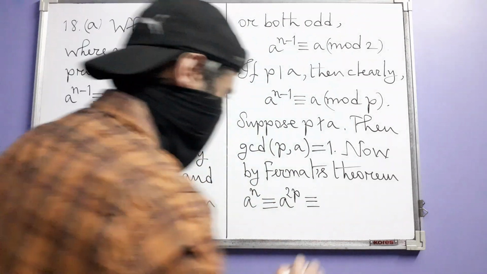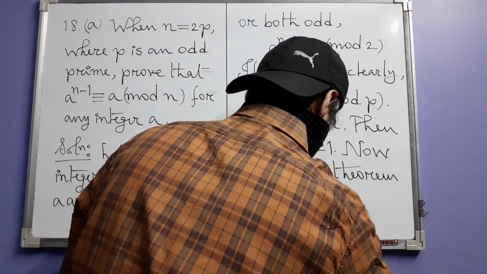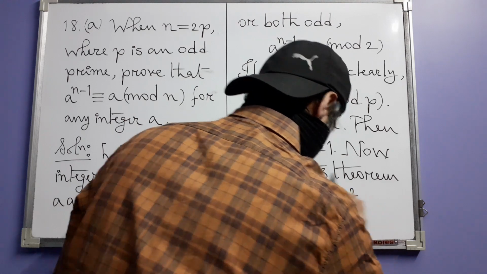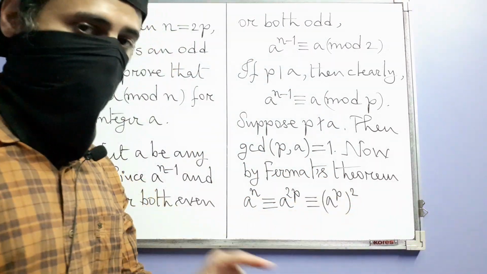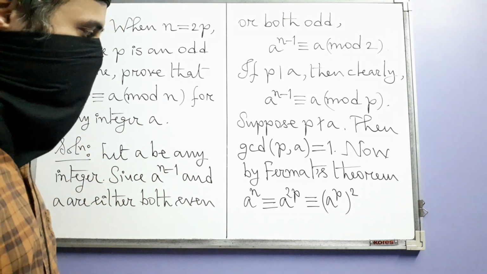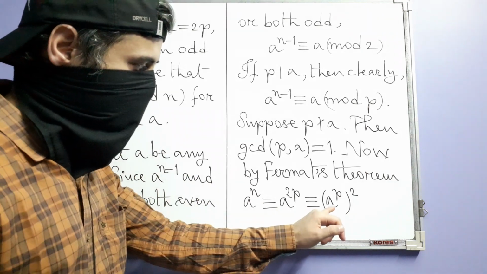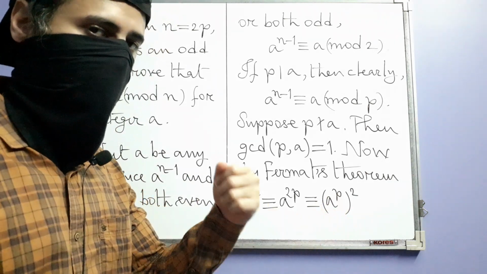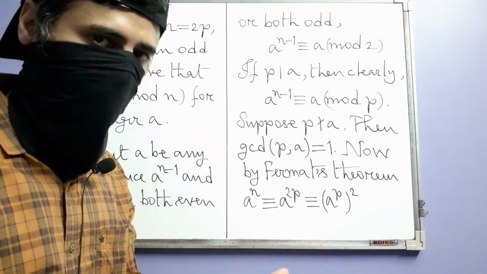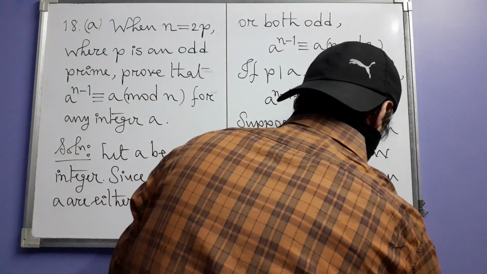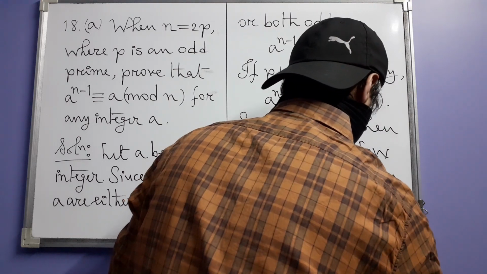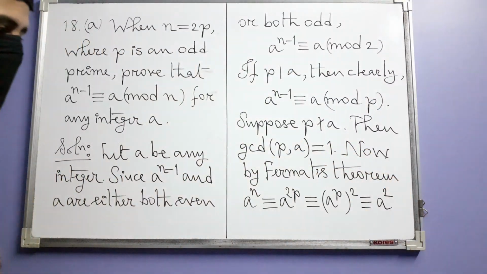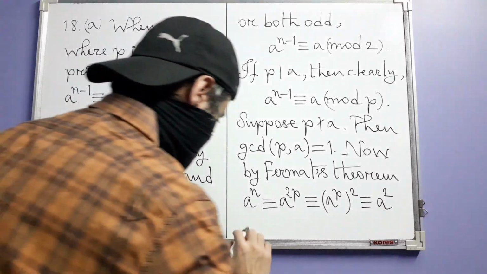Now this of course is just this, and at this step we are going to use Fermat's theorem. Fermat's theorem tells us that a to the power p is congruent to a modulo p, and that's why we can replace a to the power p with a. So this will become a square. Let me write mod p here.